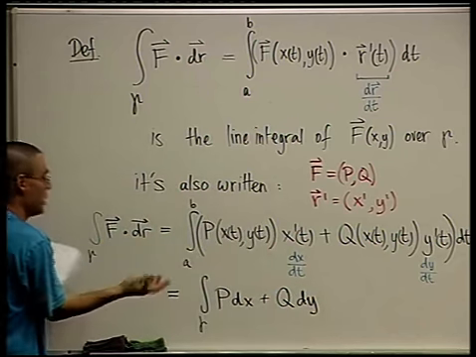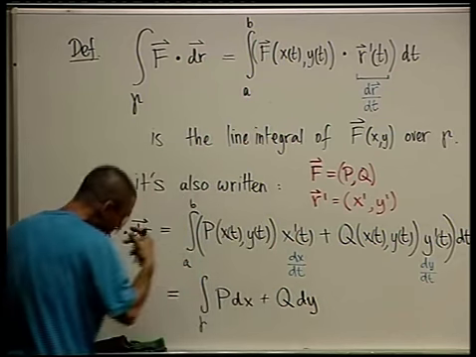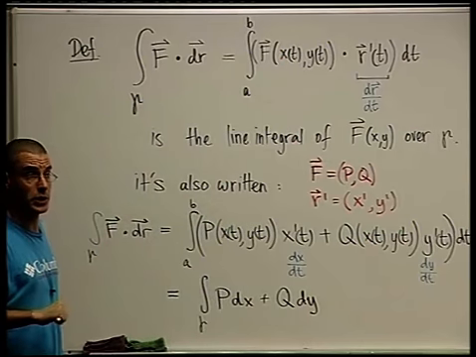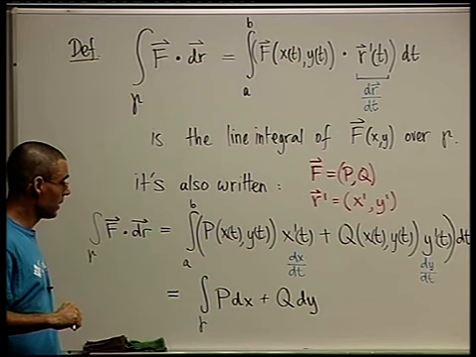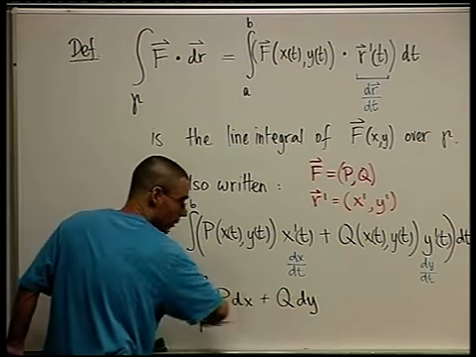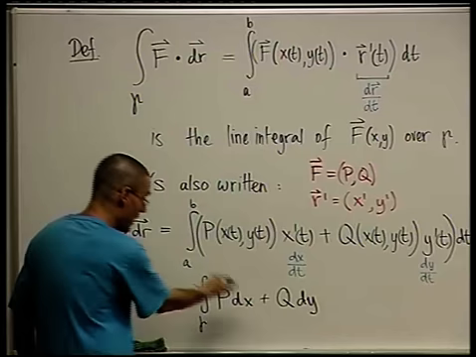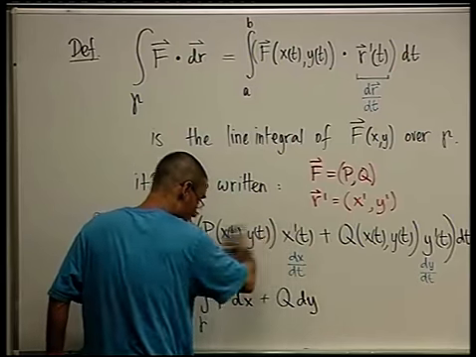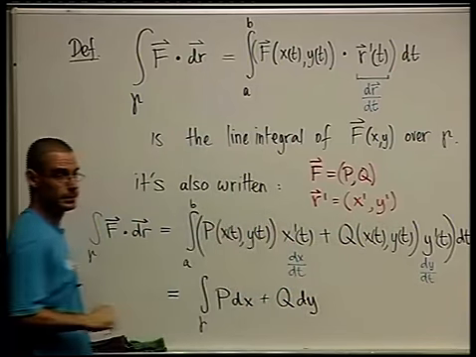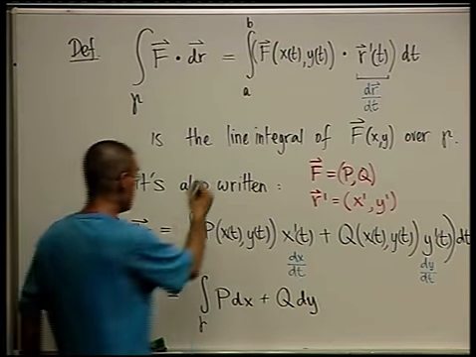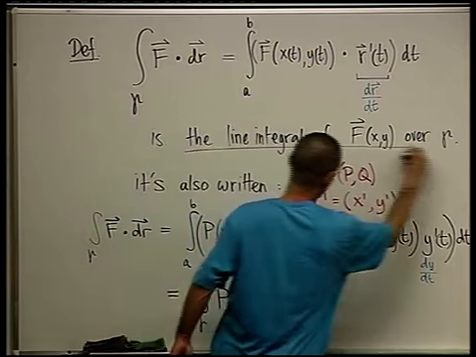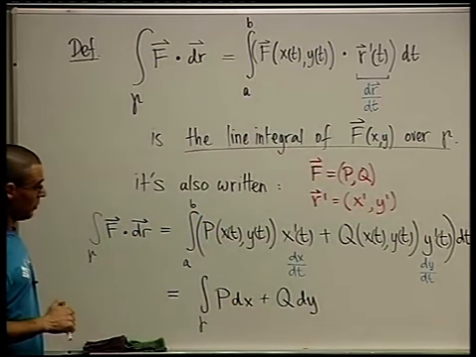This is, again, just notation. You can't do anything with this. It's just convenient notation. We'll use it a lot, and it's used a lot. Is it clear why this is the notation? Why this hints that what we're really looking at is this? Clear? So this is the line integral of a field over a curve gamma.